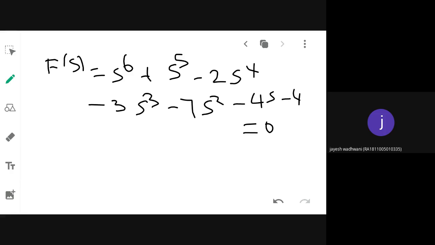I am being lenient, that's all. Form the Routh array. Ankit, understood? Ankit sir, I think he's not present.